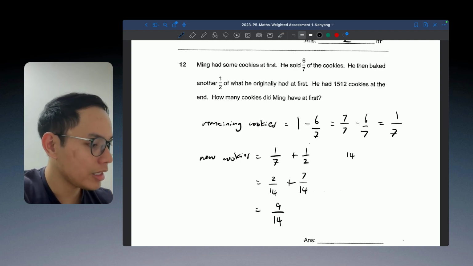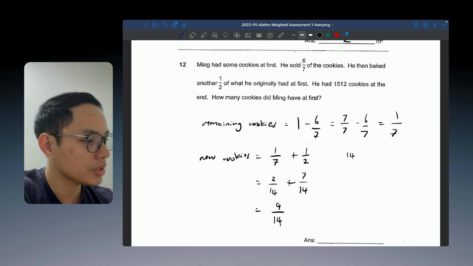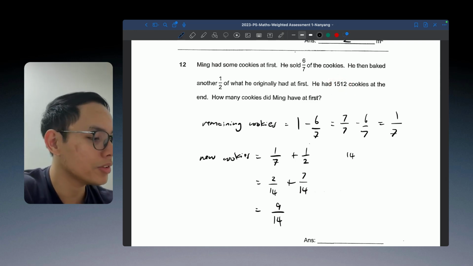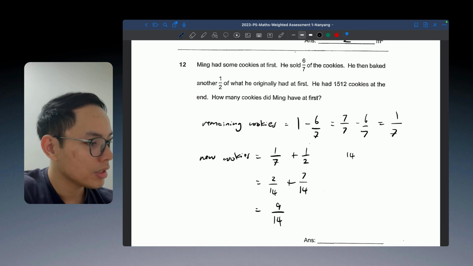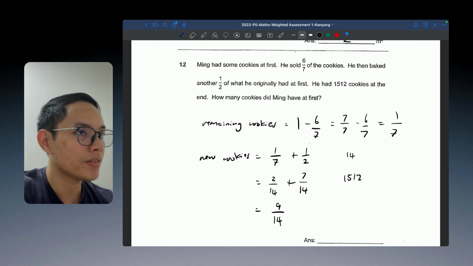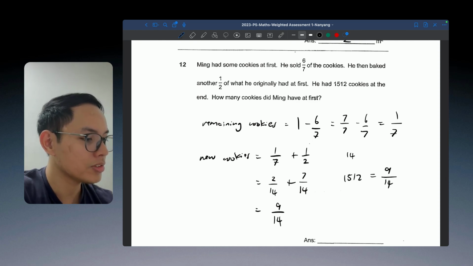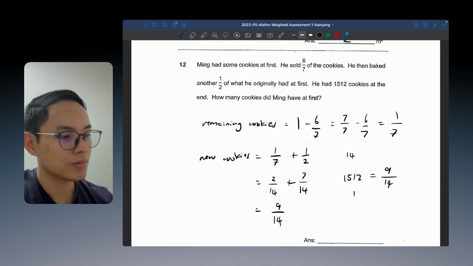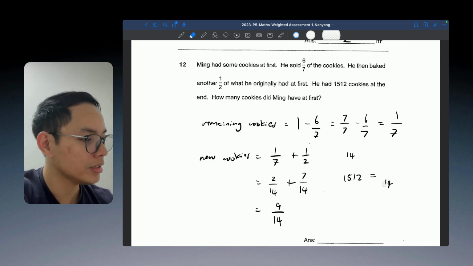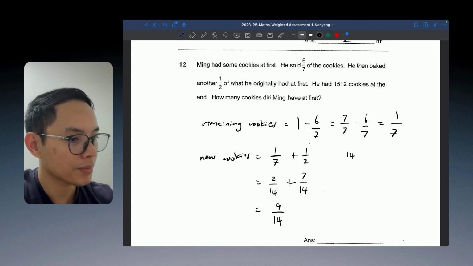Okay, and 9 out of 14 over here is equal to 1512 cookies. So how do we get the whole cookies at first, right?